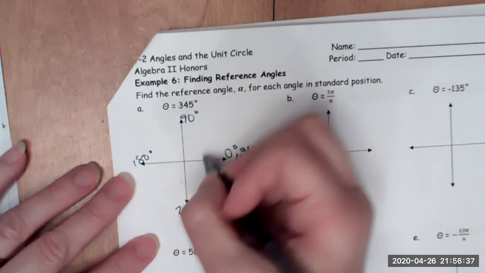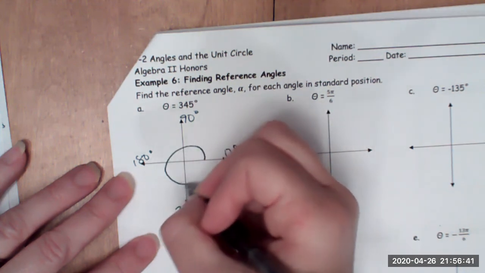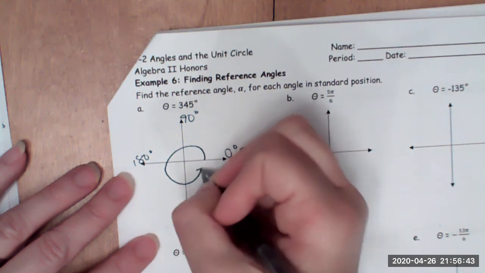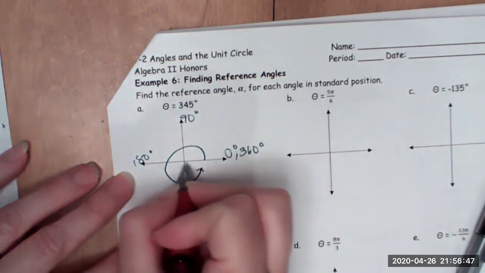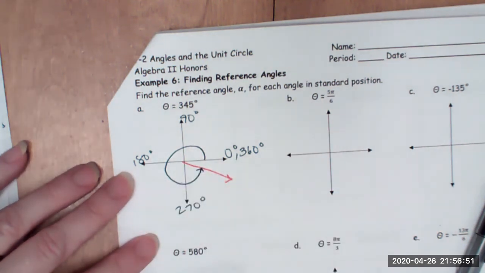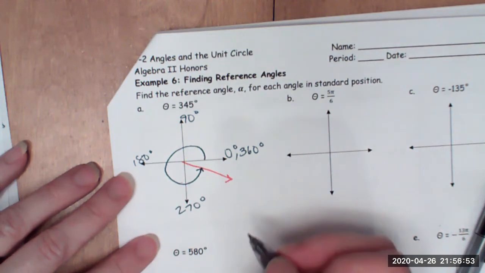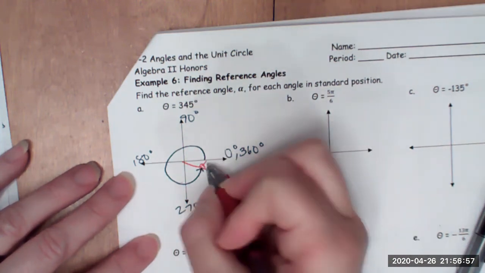So I'm traveling to about here, and then I will draw the terminal side of the angle here. Now if I want the reference angle alpha, that's this angle in here.